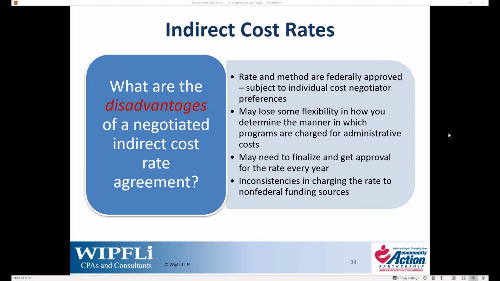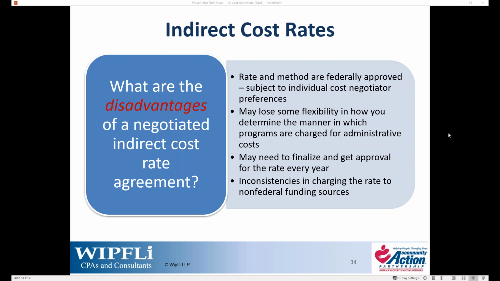Another disadvantage is that you could lose some flexibility in how you determine the manner at which programs are charged. So if you're using a direct methodology, and your allocating costs may be based on number of employees, and you say, I'm not sure that number of employees is the appropriate methodology, let's try to find another non-monetary base to allocate.